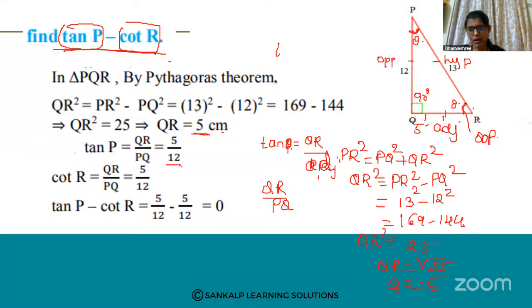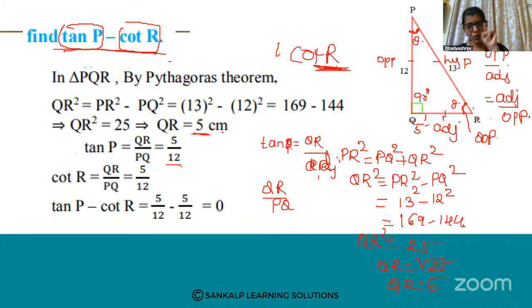Cot R. Cot R means reciprocal of tan theta. Tan theta means opposite divided by adjacent. So cot theta means adjacent divided by opposite. See here, if cot R is given, where is theta?